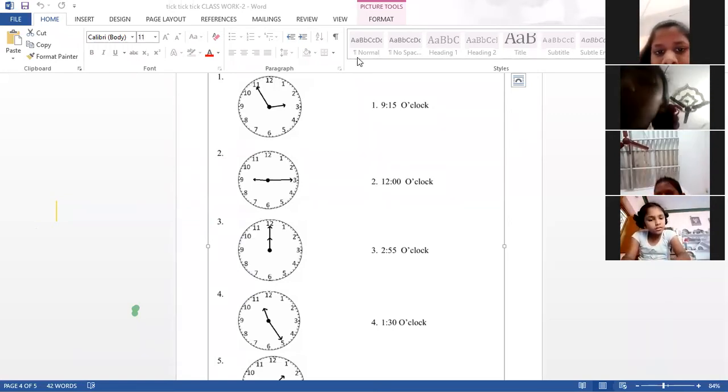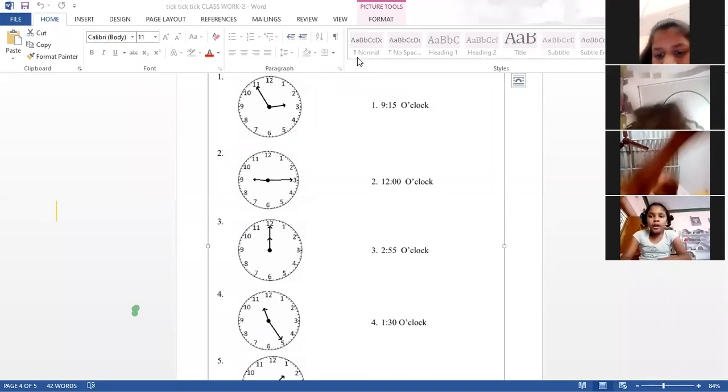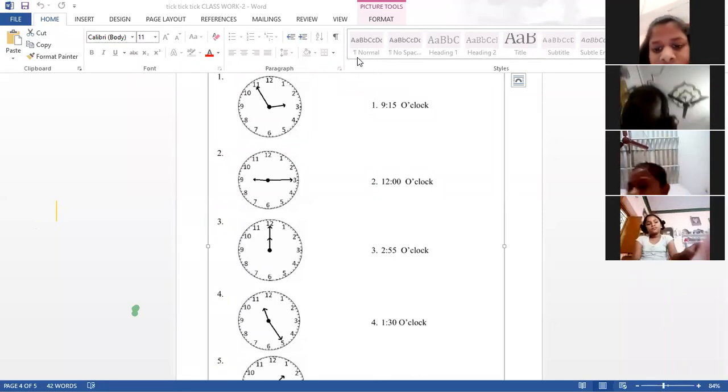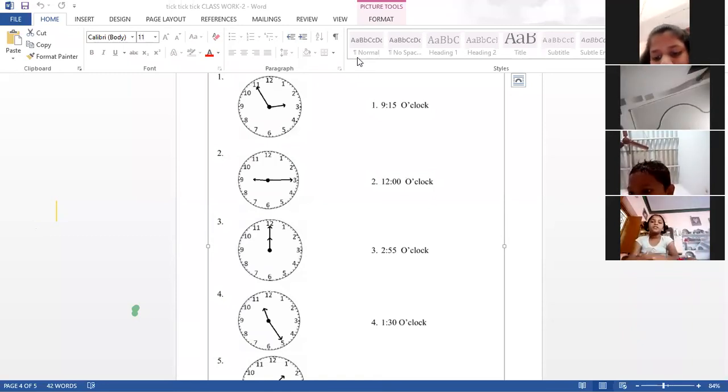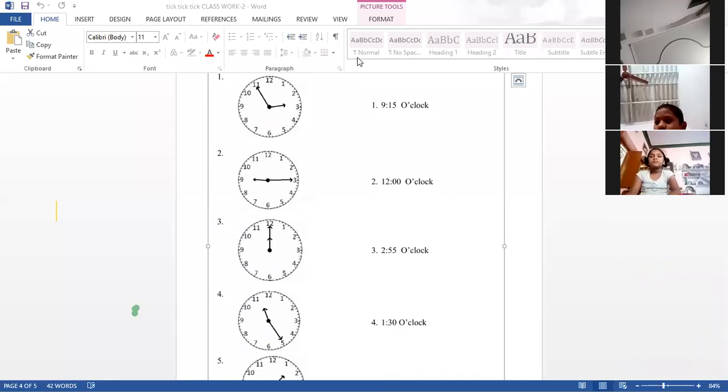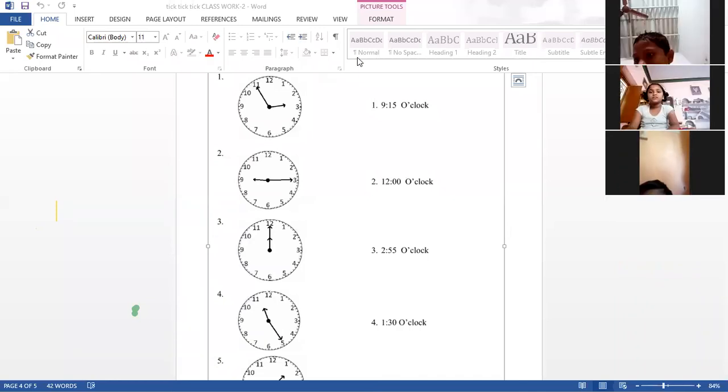Some timings are given. Clock and timings are there. You have to match them exactly. What is the first timing? Any idea?